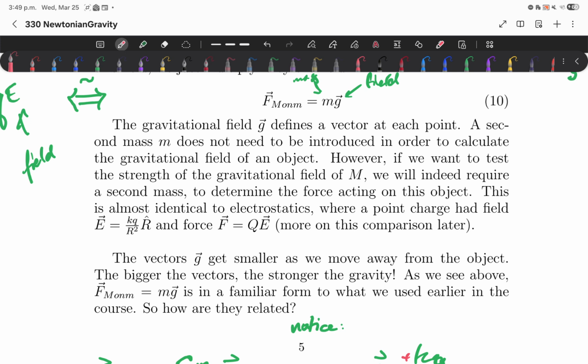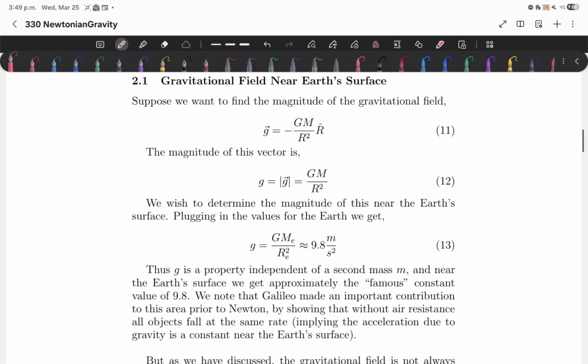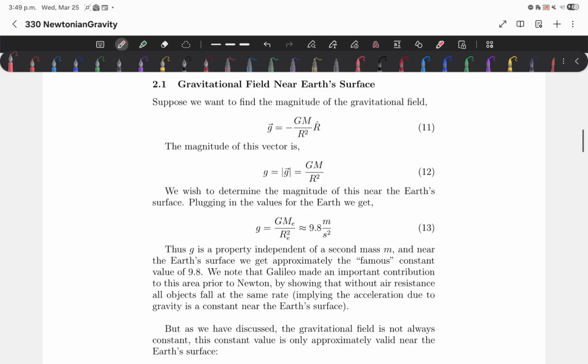we've been using it. How does this relate to last semester? How does this relate to your classic mg? Well, if you take the magnitude of this vector here, the magnitude of the g vector is just little g, which is GM over r squared.